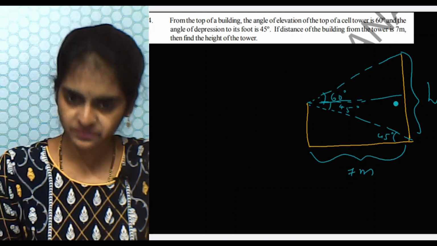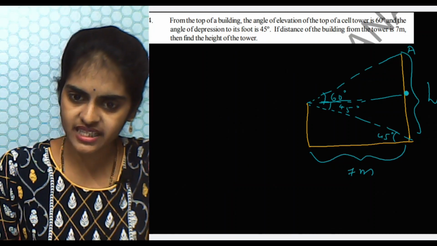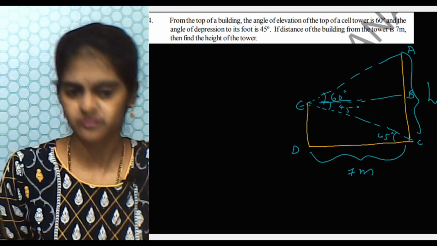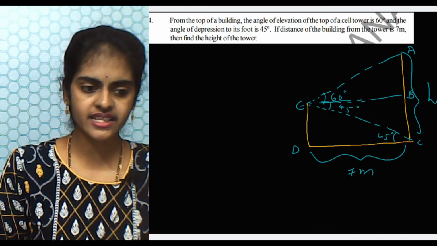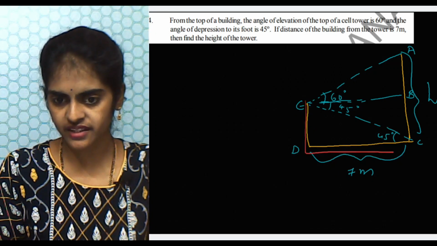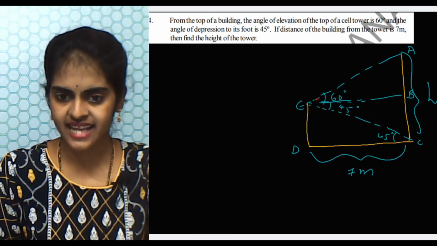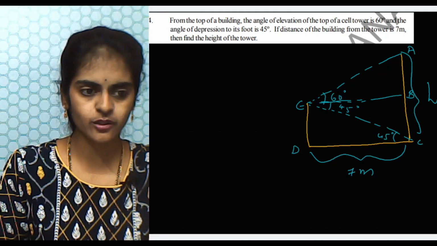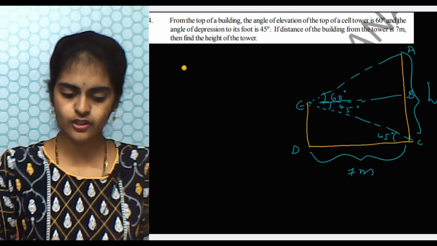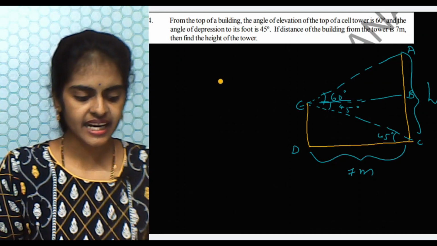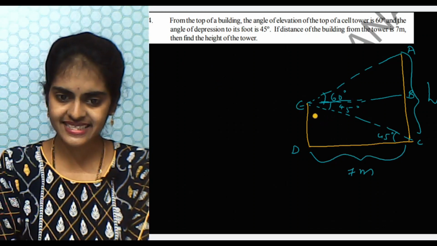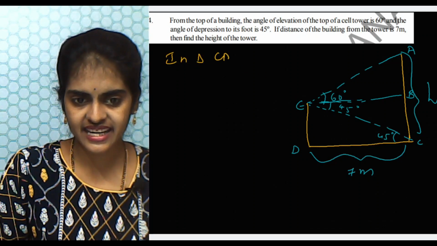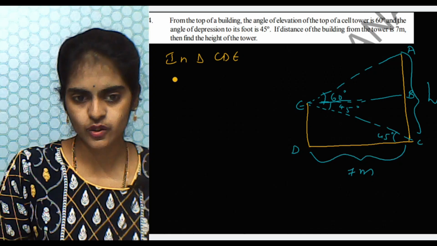Now let me name these points: A, B, C, D, E. Here you can see you have two triangles. This is one triangle with 45 degrees, and this is another triangle with 60 degrees. So in triangle CDE, you have 45.